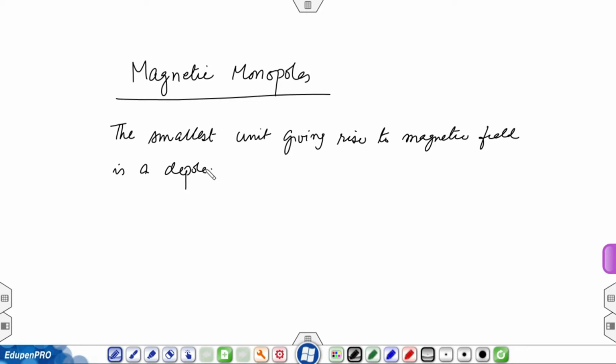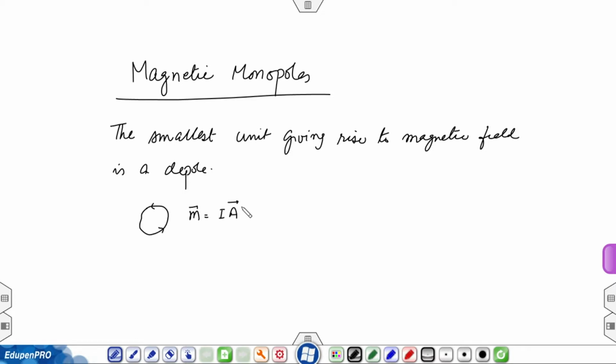For example, if you consider a small loop, you have to have a loop so that the current flows. It gives me a magnetic moment, which is I times its area, A.